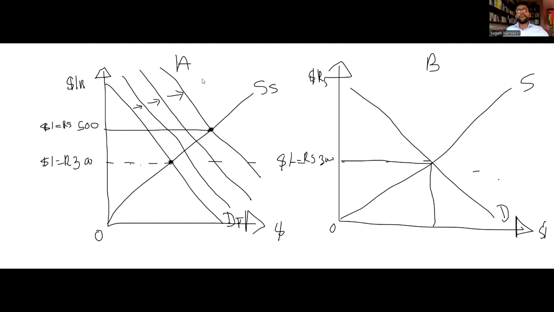So then we have to buy more foreign currency. Then our demand curve shifts to the right. Now you can see. Look at my diagram A. The value of currency declines. Earlier we paid 300, now we pay 500.